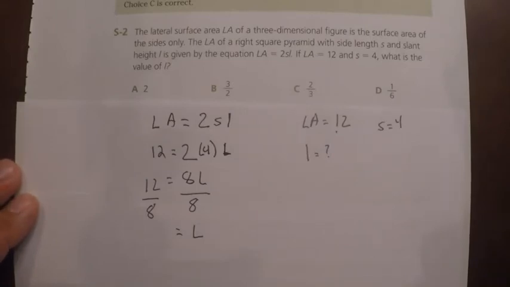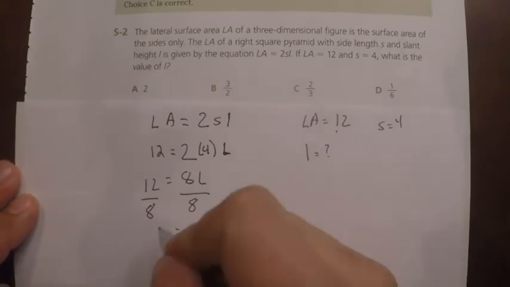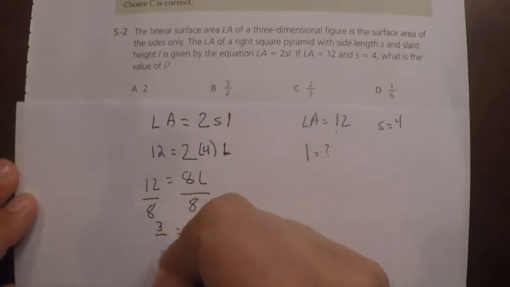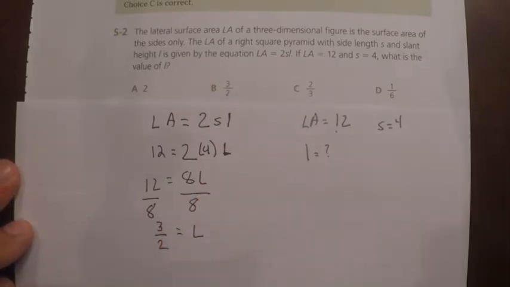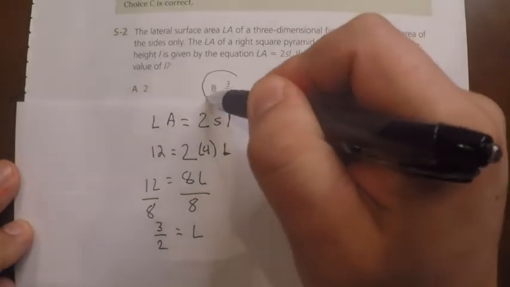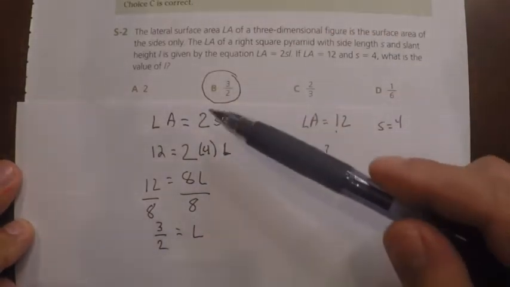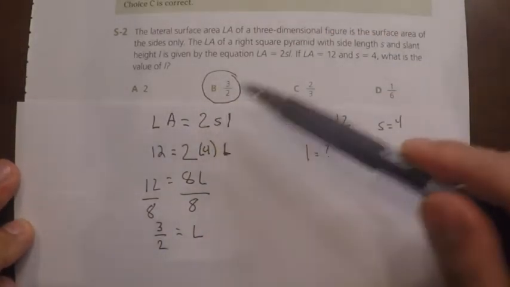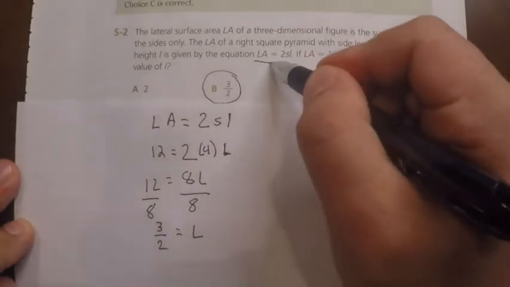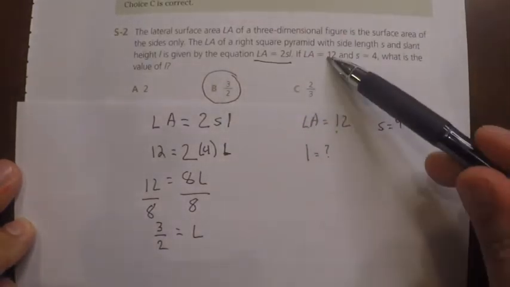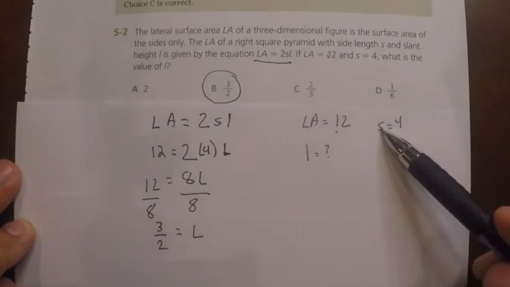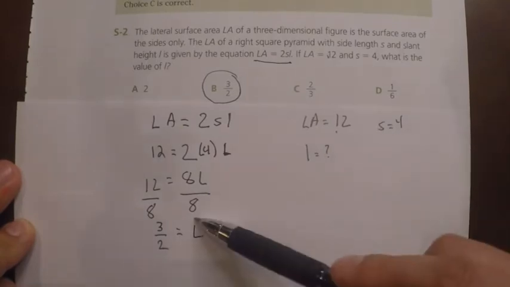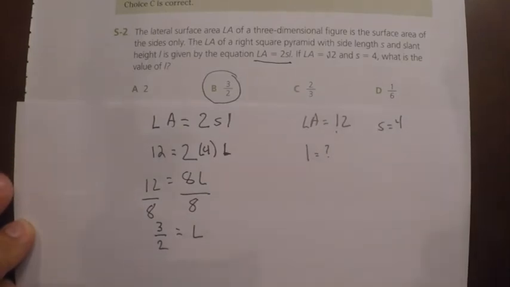We'd simplify this fraction down and see that this is 3 over 2, which is choice B. So, we started with our formula, and they gave us that formula right here. Then we substituted in the information that they gave us and solved for the missing piece they were looking for.